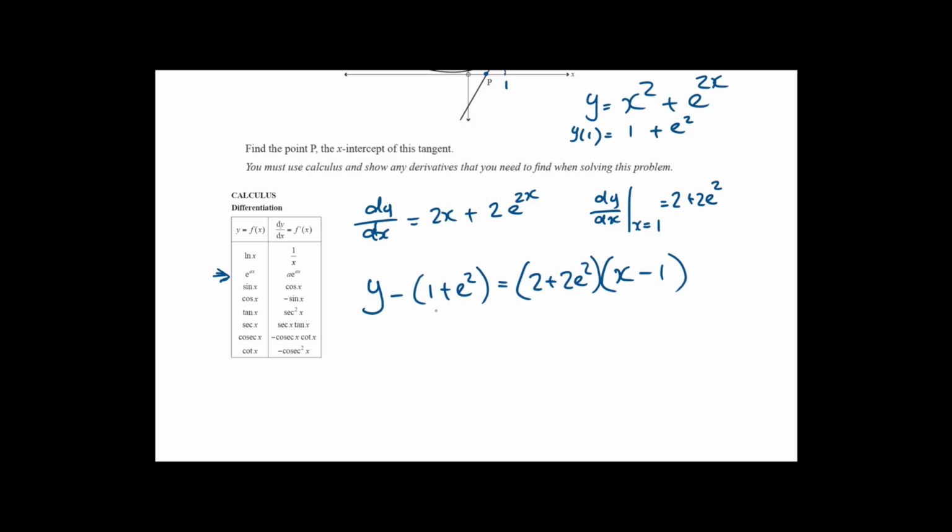It's the same as y minus y1 equals m times (x minus x1). Maybe I'll do that a bit nicer.